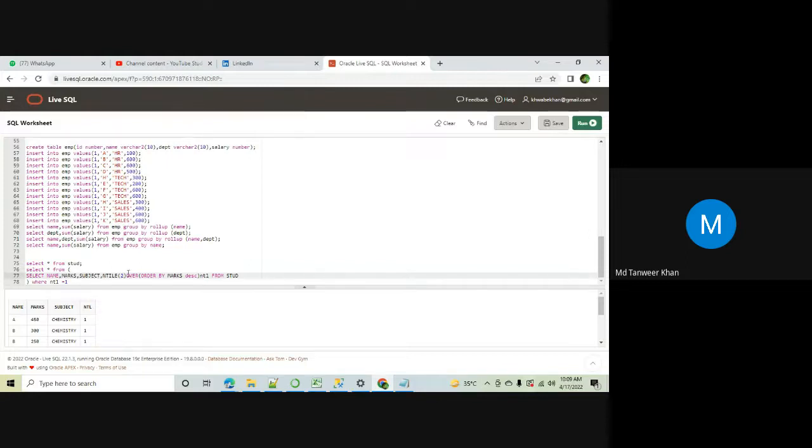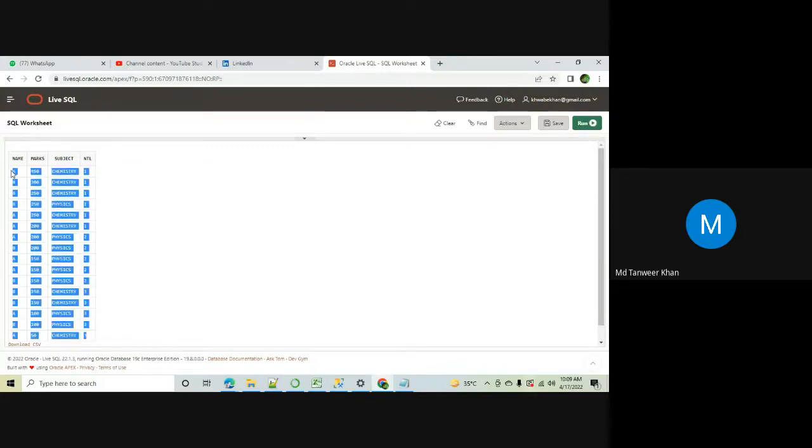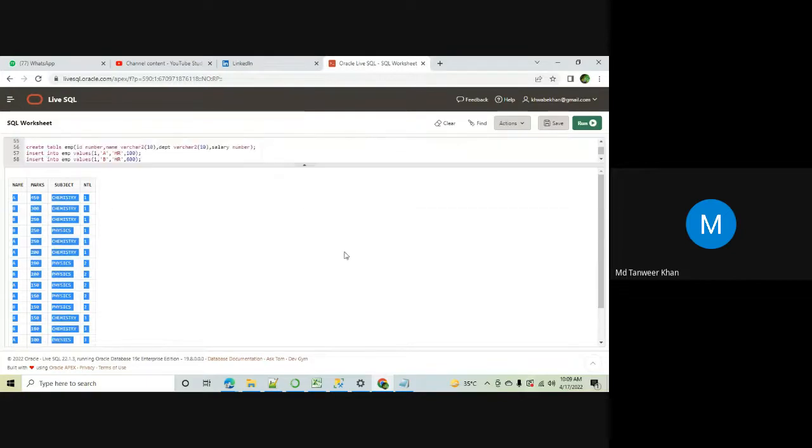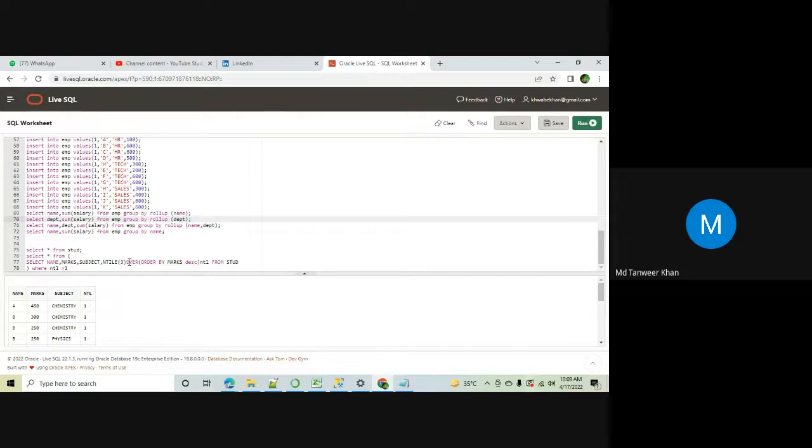Now, suppose we want ntile 3. It will be divided in 3 parts. Look at the output: divided into 1, 2, 3 parts. So we have divided the entire data set in 3 parts. Similarly, if you want to divide it in 4 parts, you can do 4.